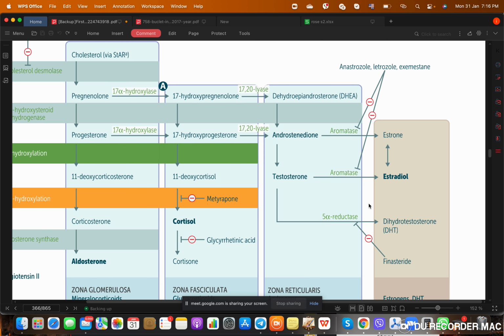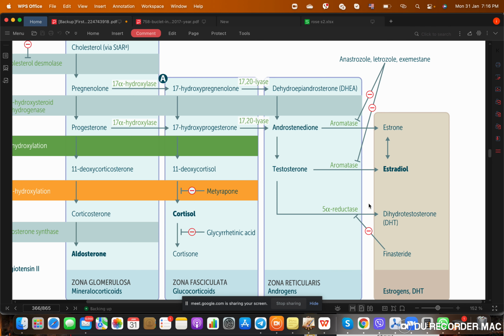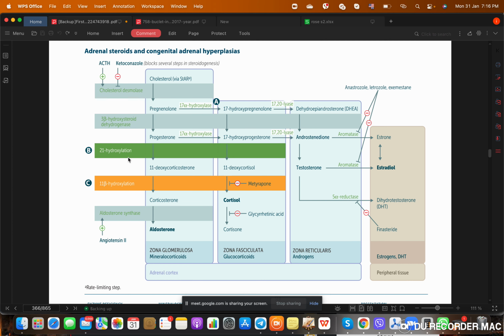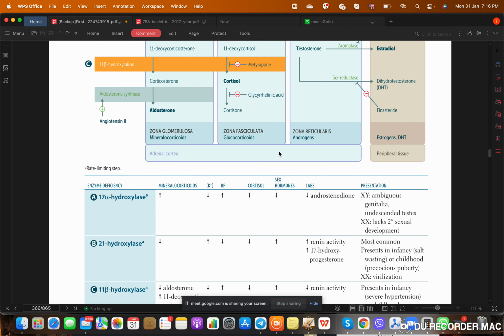But if it happens in a lady, it's going to lead to virilism. What is the difference between virilism and hirsutism? Hirsutism is when the lady has a lot of hair. But virilism is an actual change in the external genitalia of the lady. That's virilism. So yes, this can occur in case of a 21 hydroxylase deficiency.